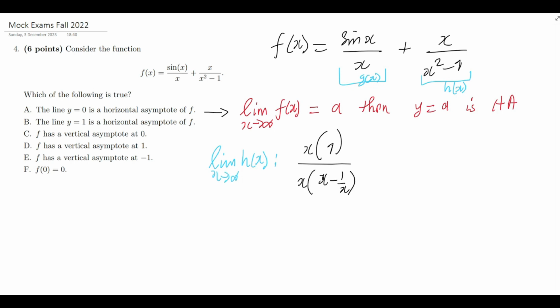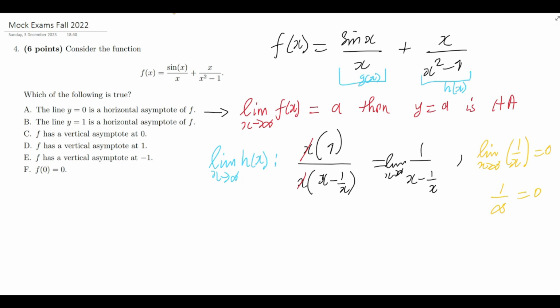We notice that the x is going to cancel and we are simply left with 1 on x minus 1 on x. Remember that we are dealing with the limit as x tends to infinity of this. We know from our assumptions that the limit as x tends to infinity of 1 all over x is 0. Meaning that 1 on infinity is 0. It's a rule.